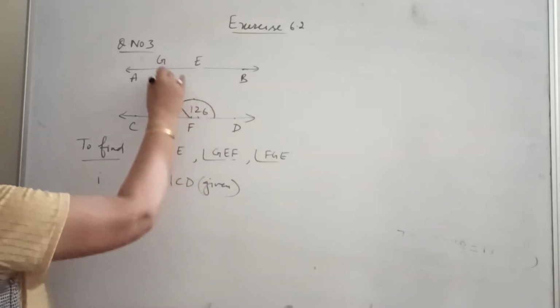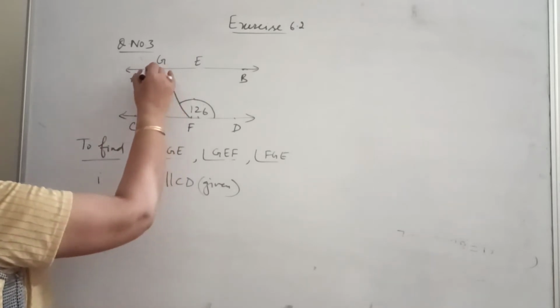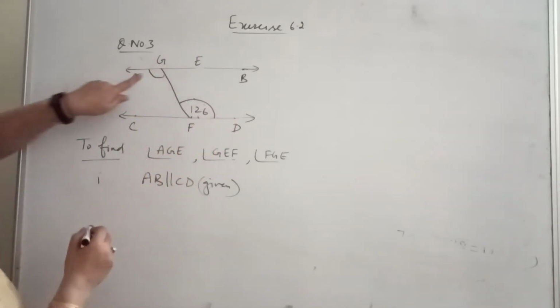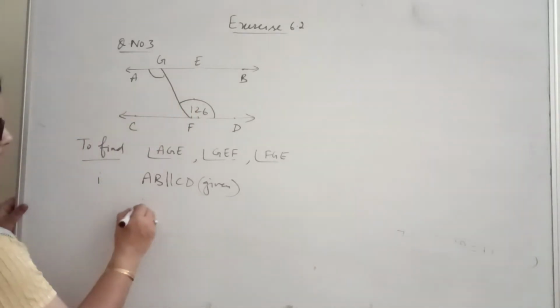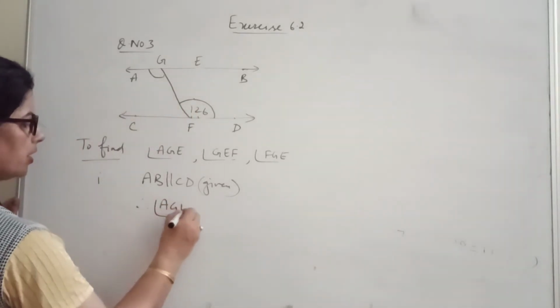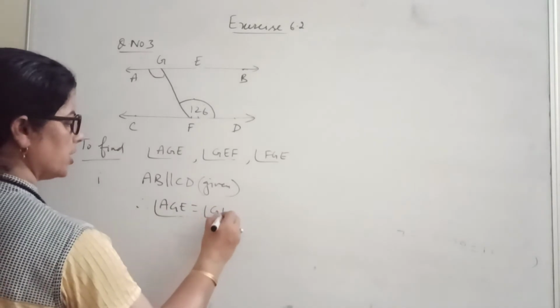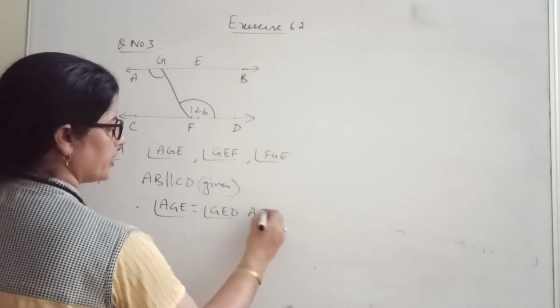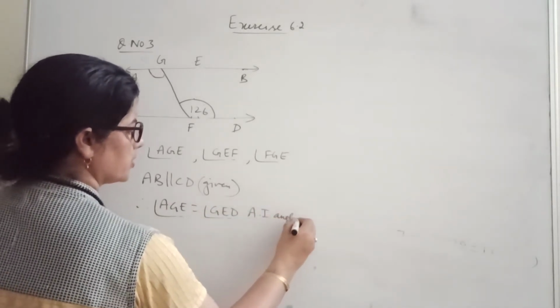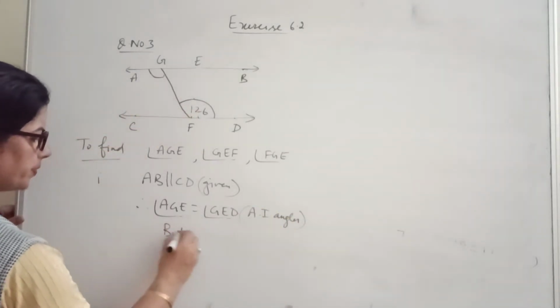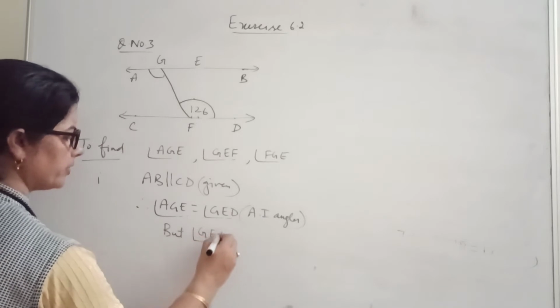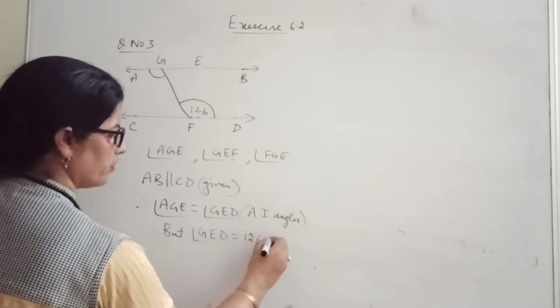See, GF is a transversal. Then this angle and this angle will be equal because they are alternate interior angles. So we will say angle AGE is equal to angle GED, alternate interior angles. But angle GED is 126 degrees, given to us.